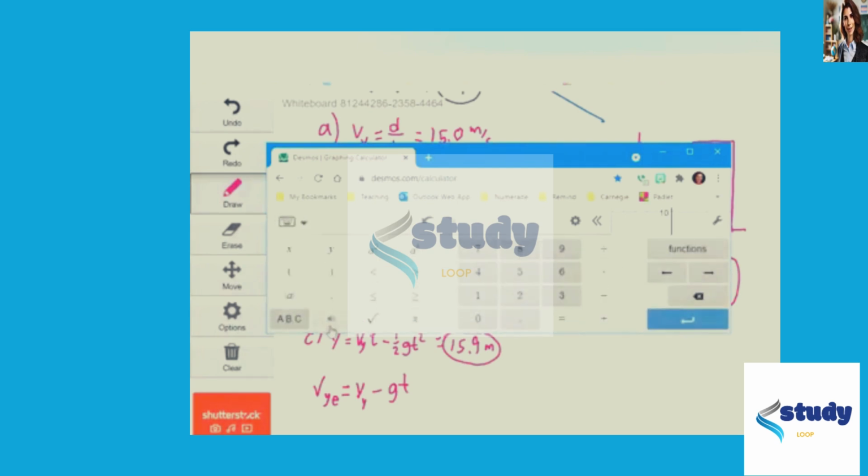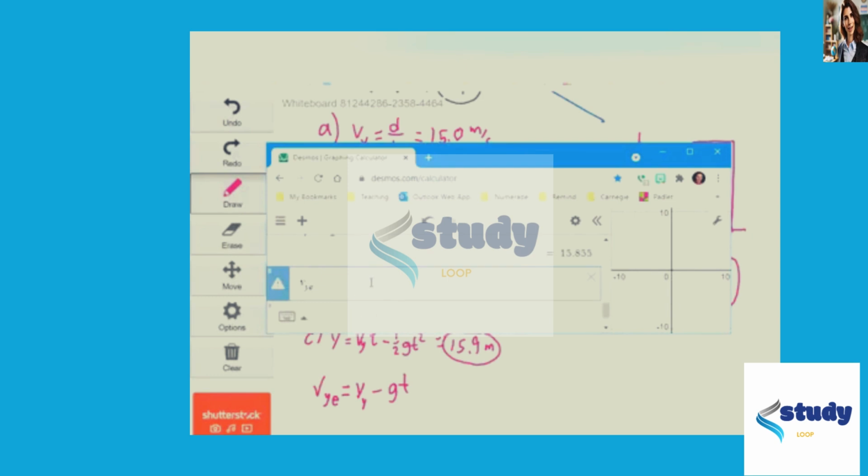V sub ye. See if it accepts that. Yep. Equals V sub y minus gt. Oh, but g is 9.81. Cool. Okay.